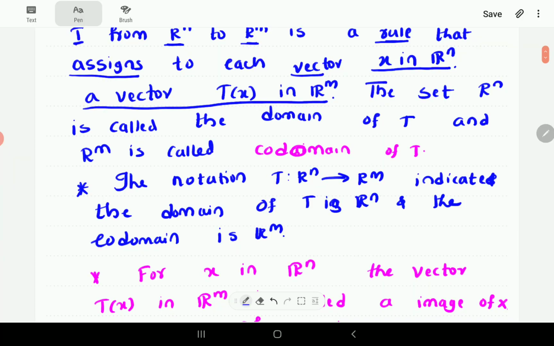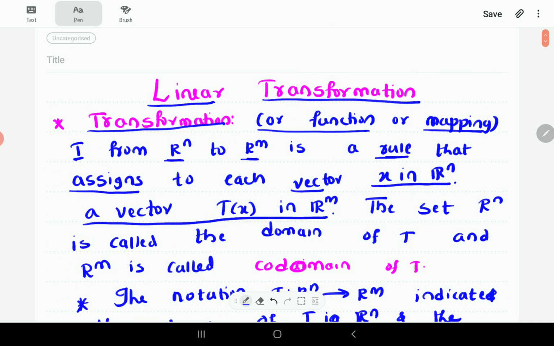So whenever it's a mapping or a function from one space to another space, if I take x from Rn and map it, the image will be T of x, and T of x will be in Rm.